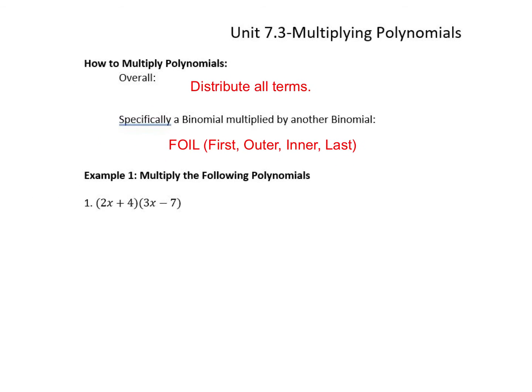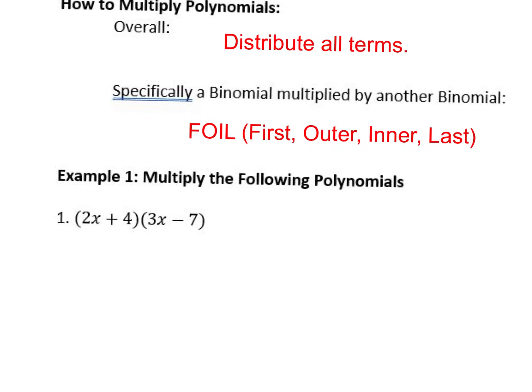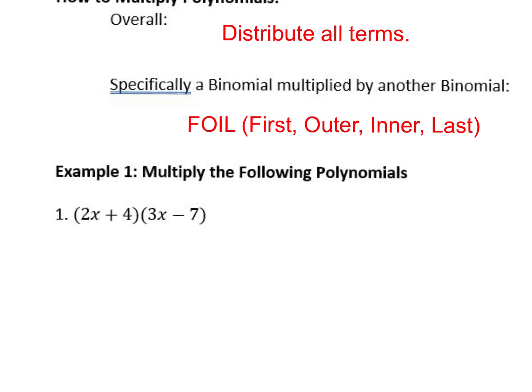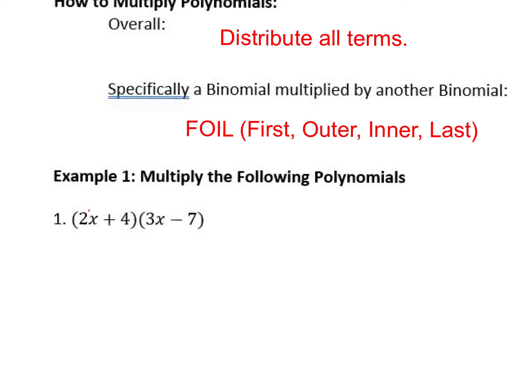So the way that looks, if we zoom in here and use what's called the FOIL method, what we're looking at first is distributing those first terms. That would technically be your first.